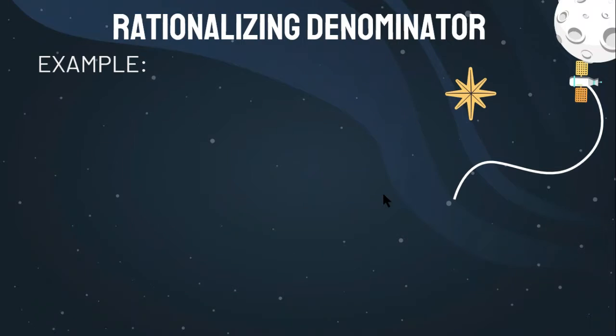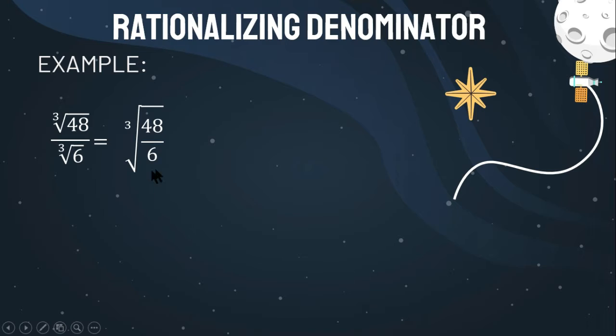Another example. Cube root of 48 over cube root of 6. In our rules, a most simplified radical expression does not have a radical sign in the denominator. So we need to remove that. How? Let's try to generalize.